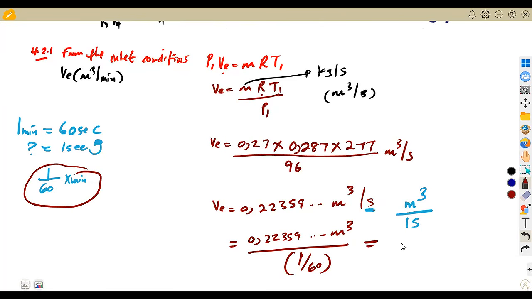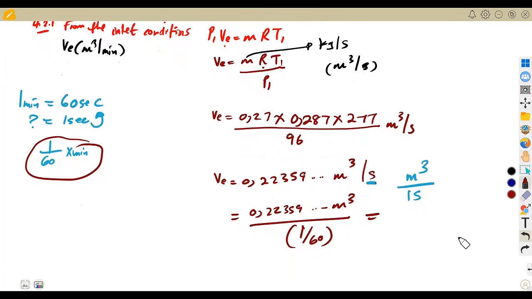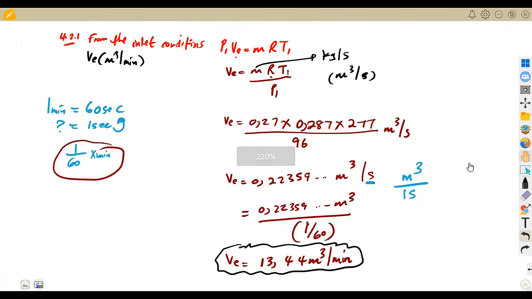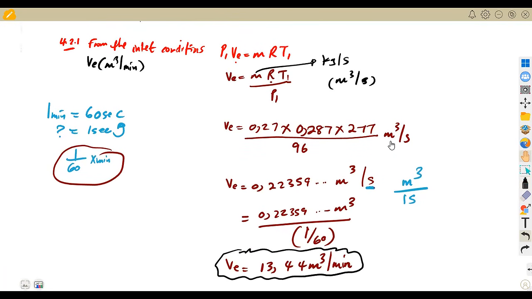This gives us 13.4 cubic meters per minute. Let us keep this aside, because we might need to use it later on. Like I said, you could have just converted the mass in the beginning. As long as you are applying the correct conversion, it is going to be considered fine.